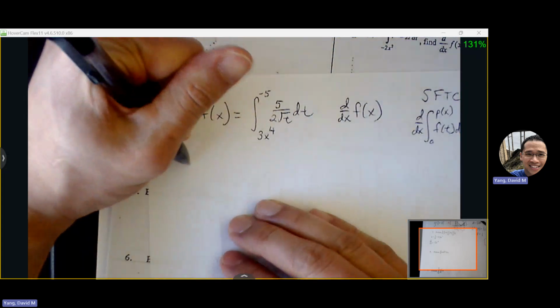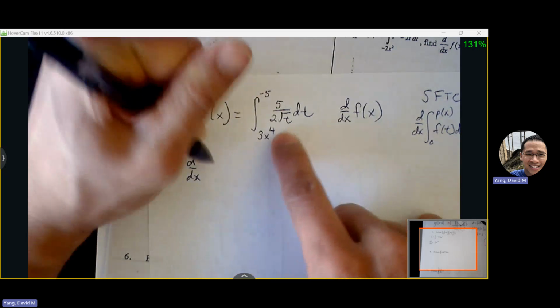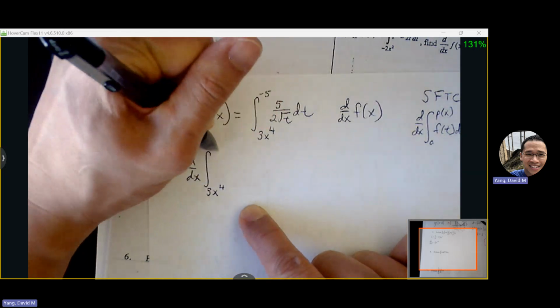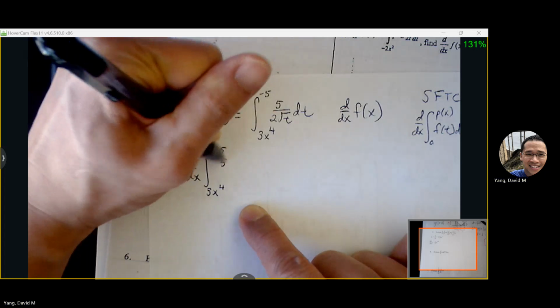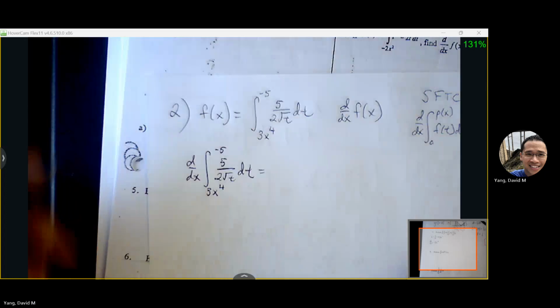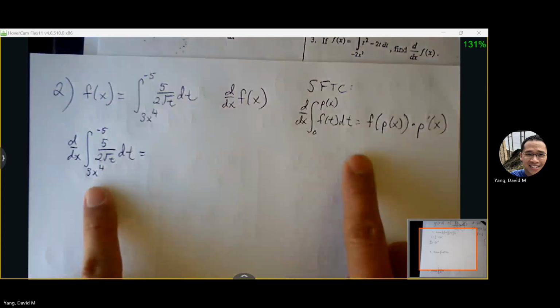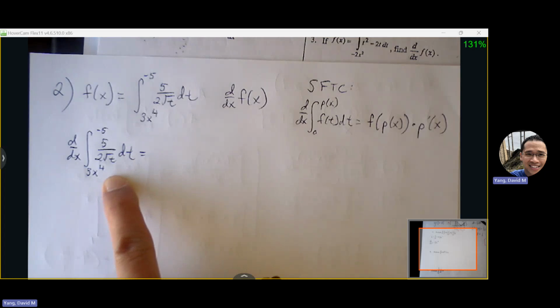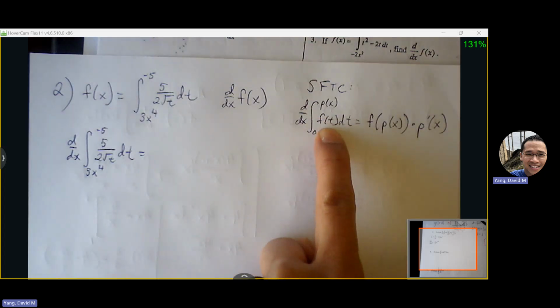So if I want to find the derivative of this function, I'm just trying to line it up so that it matches the rule that I want to follow. What do you notice that is a little bit off about my problem versus the rule that I want to use?